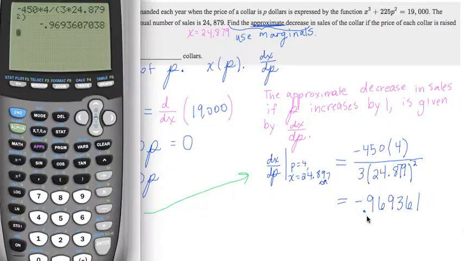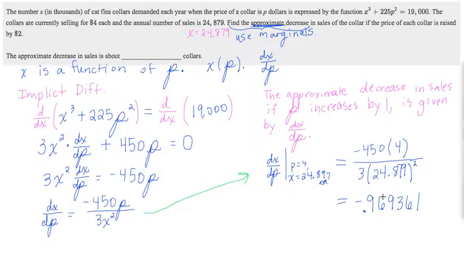Moving the decimal over 3 places, sales drop by 969.36 units. So approximately, sales are going to drop 969 units if you round down.